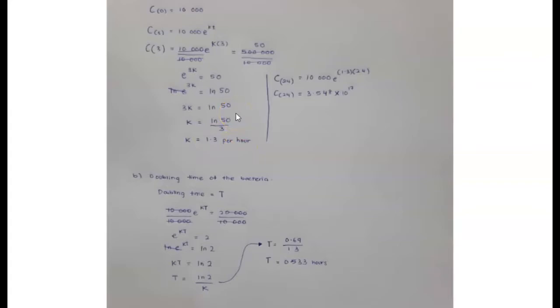So the amount of cells that will grow for 1 day, which is 24 hours, we put the formula right here, and we change the t to 24, which is 1 day, we have 24 hours.